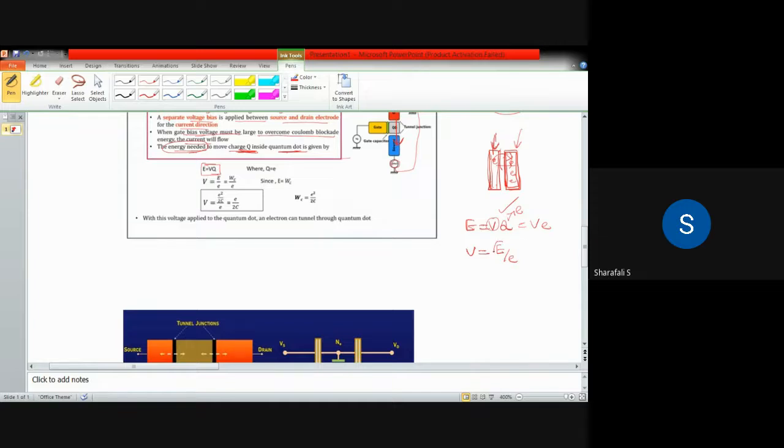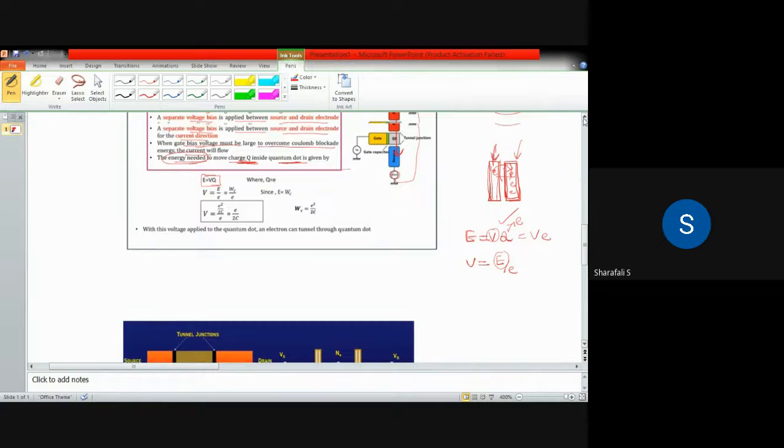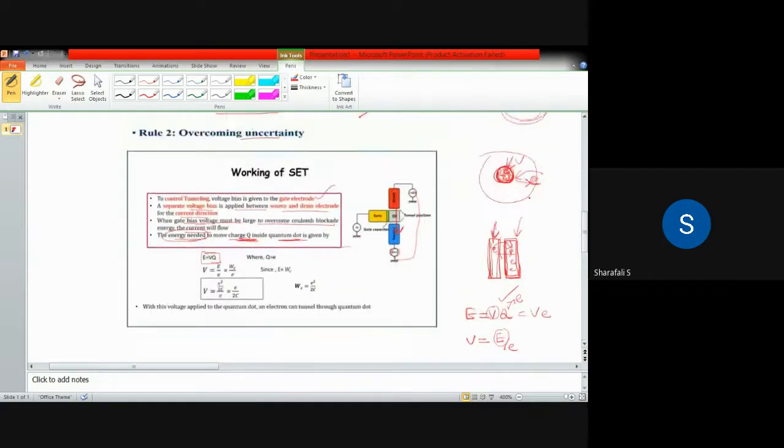Now, what is this energy? That energy is the energy required for this electron to cross this potential and to reach this quantum dot. How much is that energy? That energy will be equal to e square by 2C.